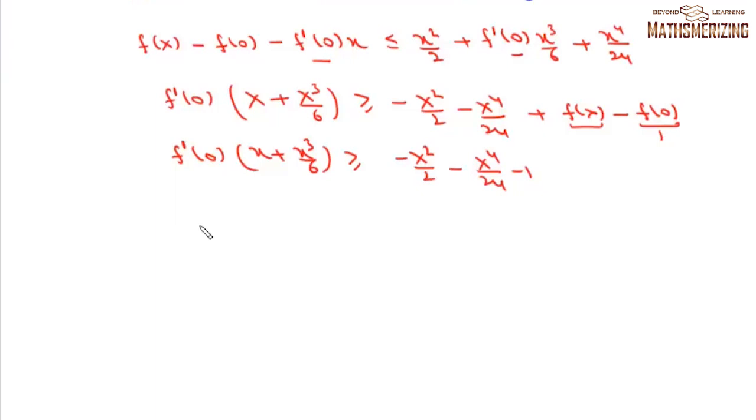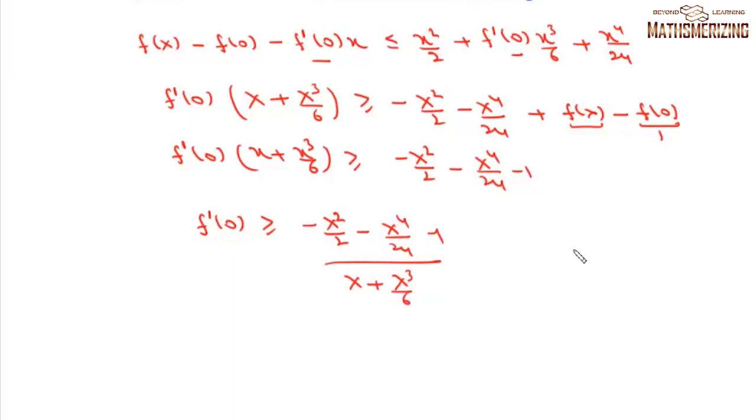And from this we can write f'(0) will be greater than or equal to minus x square by 2 minus x to the power 4 upon 24 minus 1 upon x plus x cube by 6.